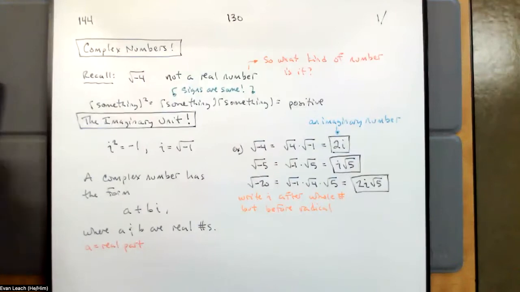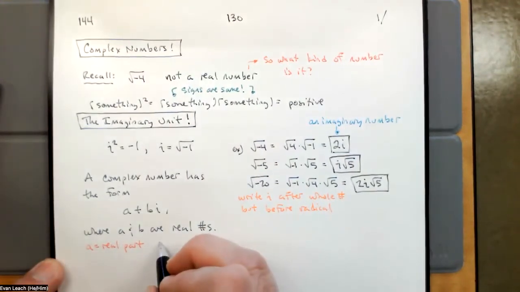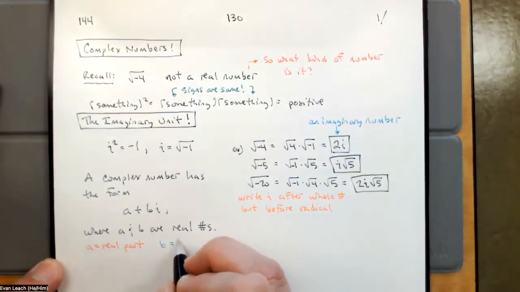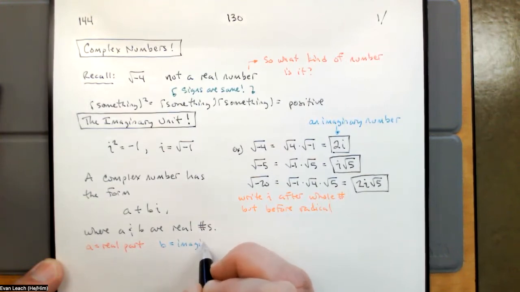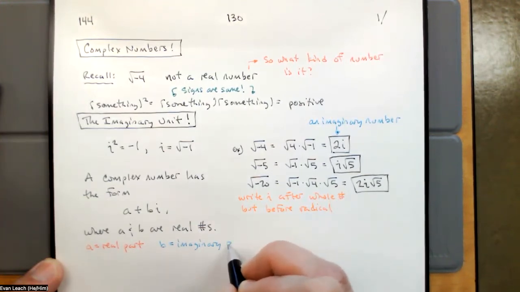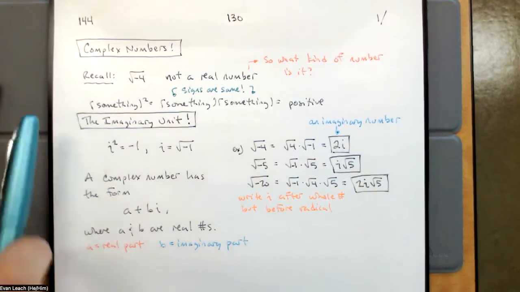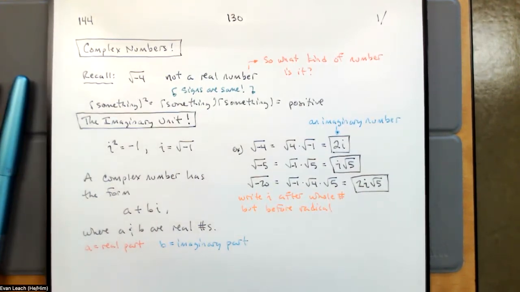And b is the imaginary part. And here's where we have what we have is a complex number.